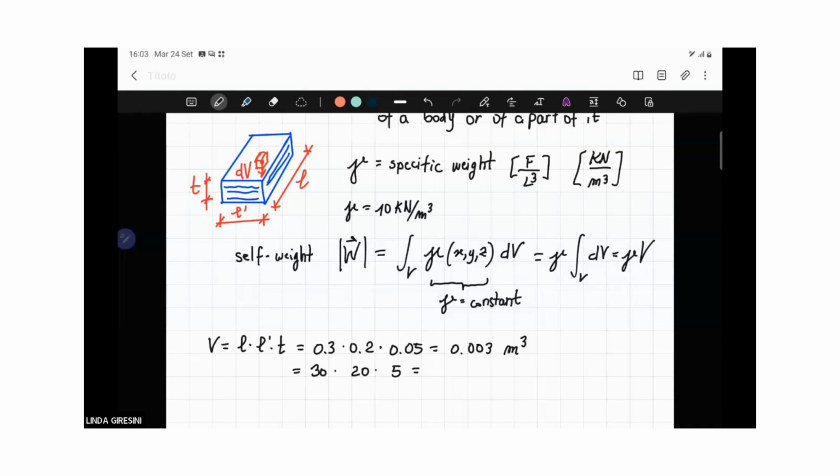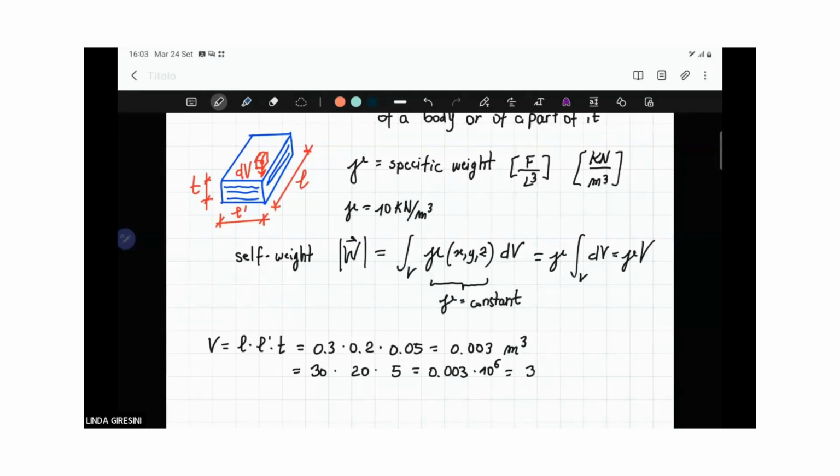It will be the measure in cubic meters times, make a guess, 10 exponential... 0.003, 3000 exact, because we have to multiply by 10 exponential 6 because it's cubic, exponential 3 times 2. 2 times 3 is 6.